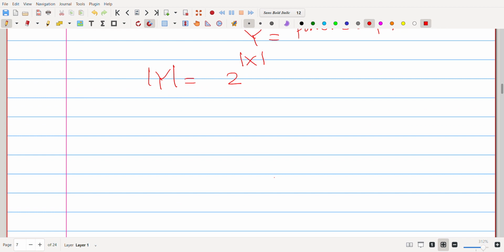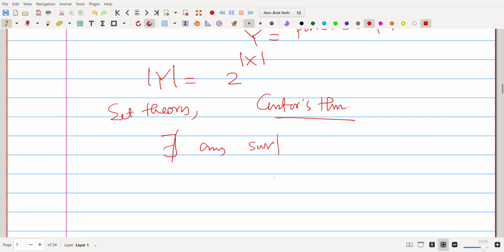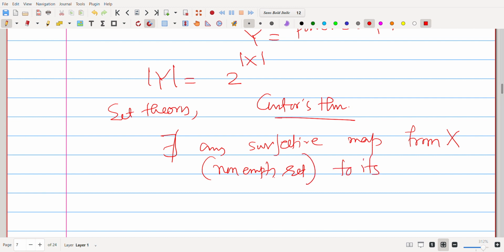Now we are going to use an important theorem from set theory, the most important basic theorem from set theory, that is called Cantor's theorem. Cantor's theorem says that there doesn't exist any surjective map from X, where X is a non-empty set, to its power set.